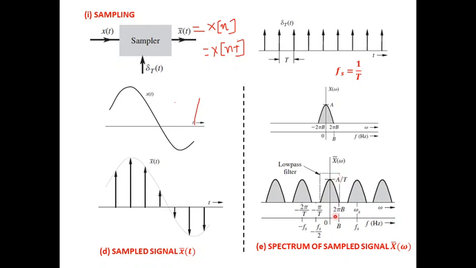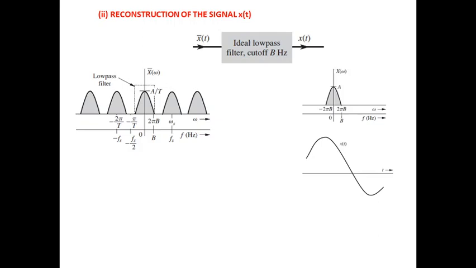We need only this frequency component so that we can recover back the original signal. So an observation here shows the second process, where the signal has to be reconstructed. The sampled signal x cap of t, or the discrete time signal x of nT, can be allowed to pass through an ideal low pass filter which has a cutoff frequency of B hertz.